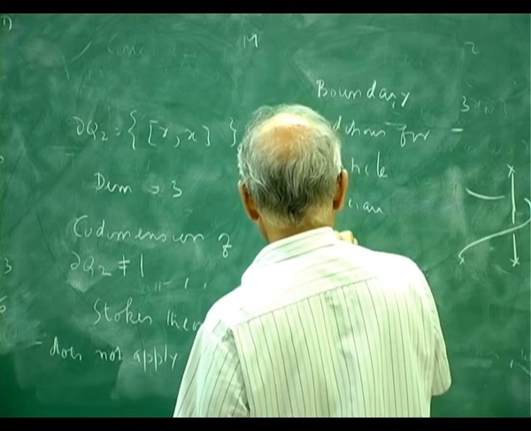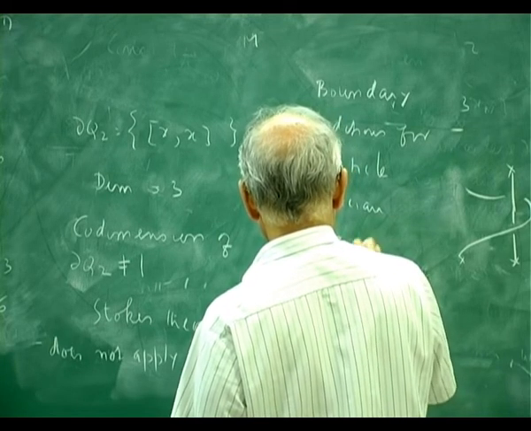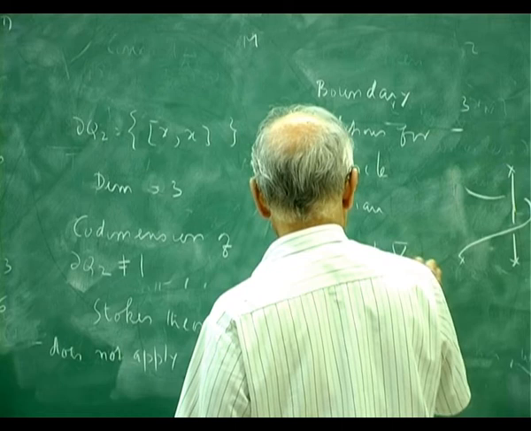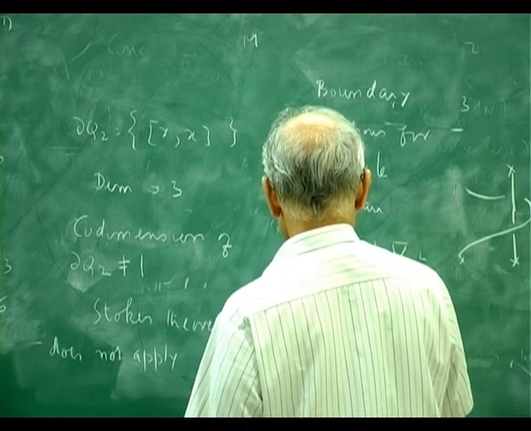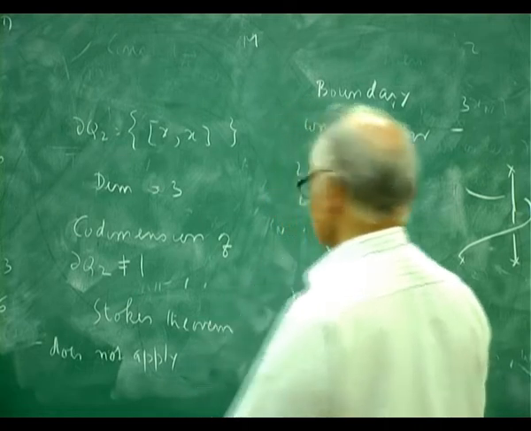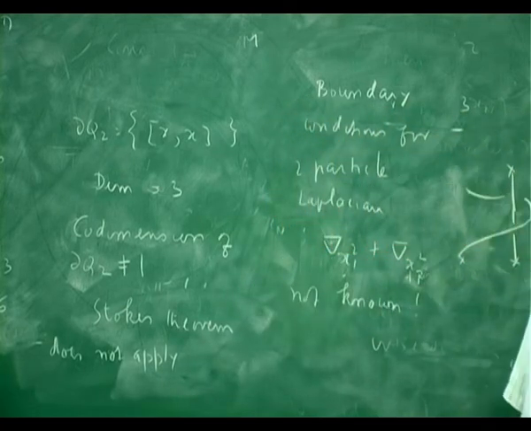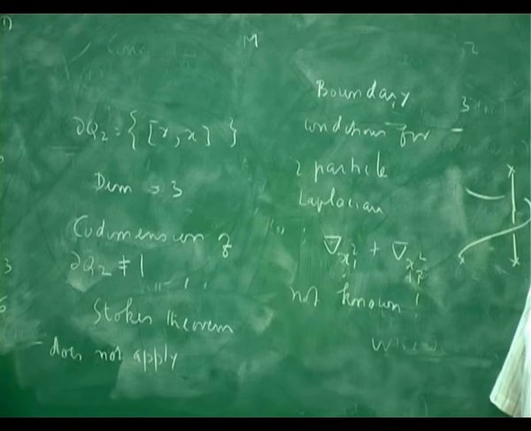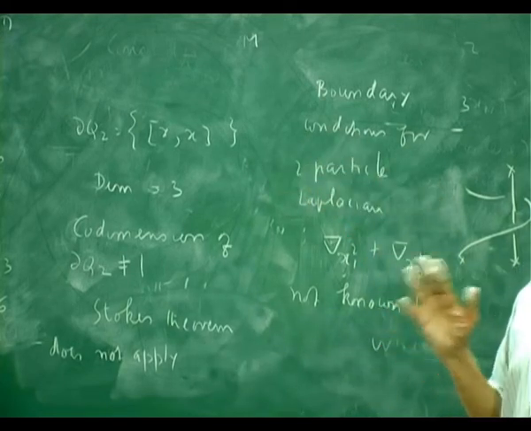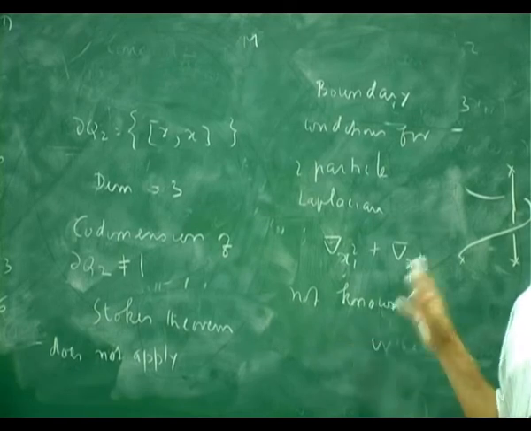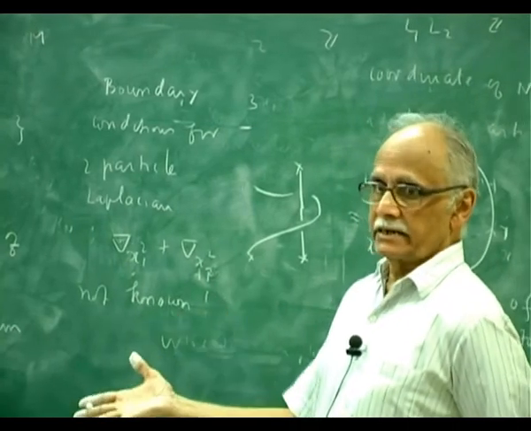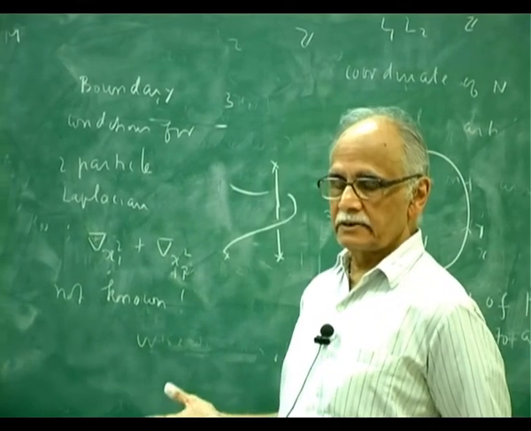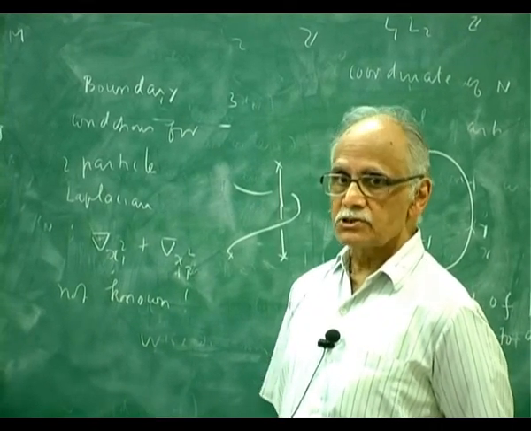So it is delta of x1 squared plus delta of x2 squared. The boundary conditions are not known. There is this so-called von Neumann theory which will tell you how to, but that is there, okay? But it is not very practicable. It is not in a form to use all the time.